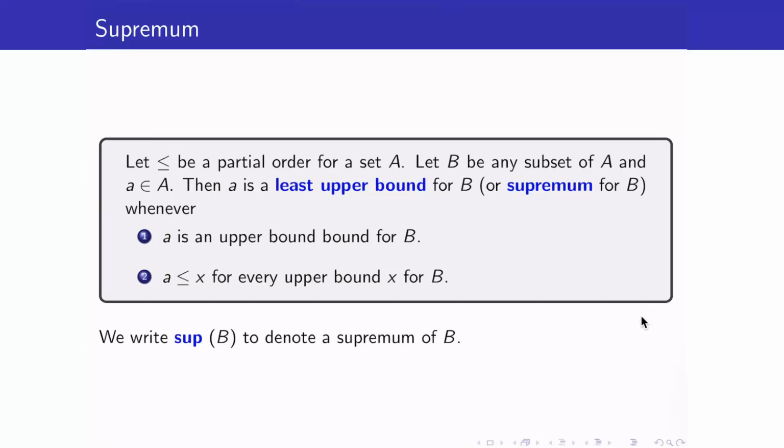For the supremum, suppose we have a partial order, and we still have our B, which is a subset of A. When is an element a least upper bound or supremum?